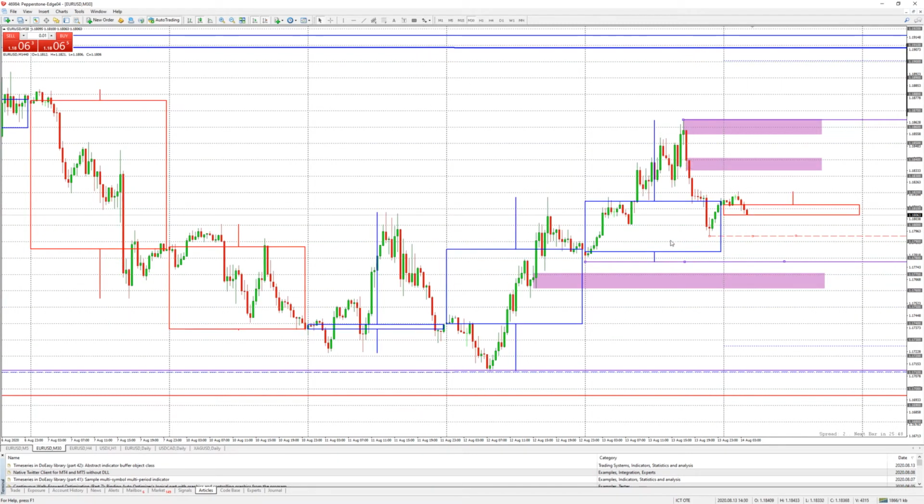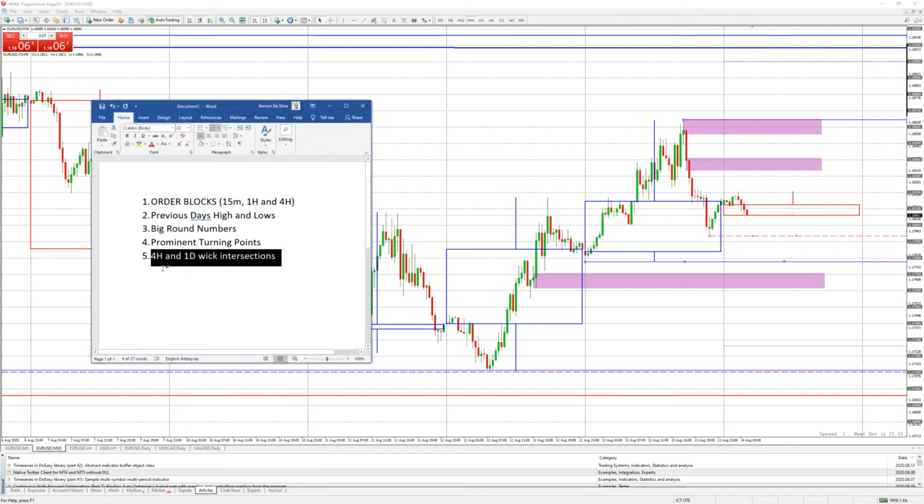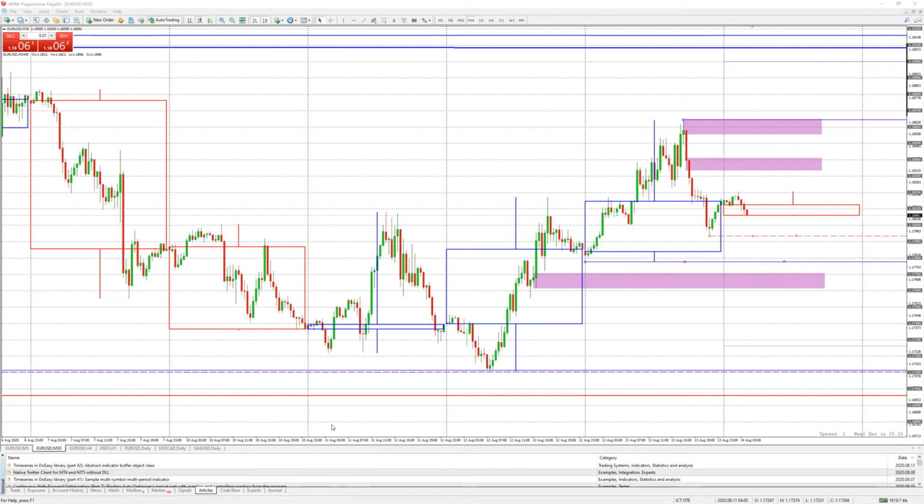chart overlay indicator, right? You can see this blue candle here. That's the overlay of yesterday's candle and the previous day's candle, etc. So when I say 1 day week intersection, what you're looking for is the wick of the day candle intersecting the body of the next day's candle.